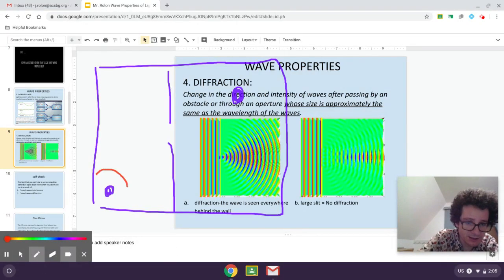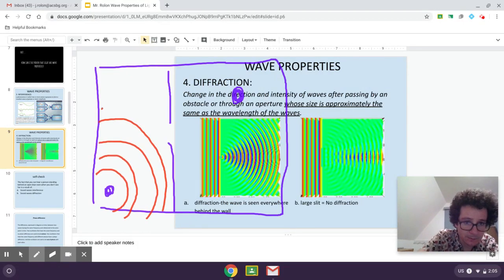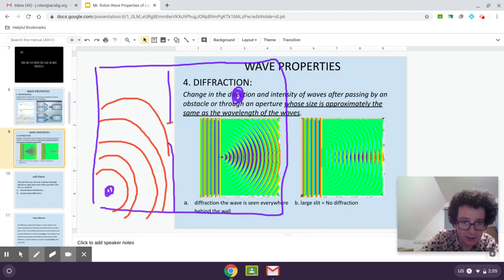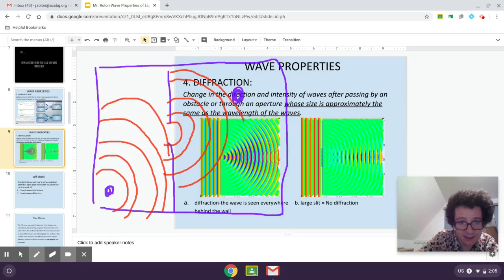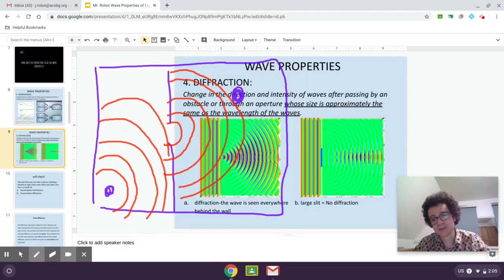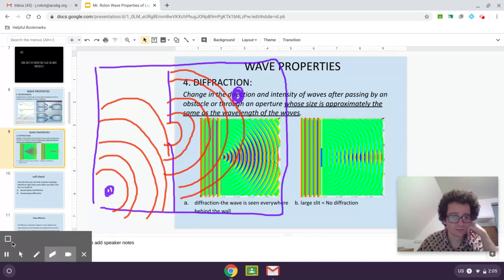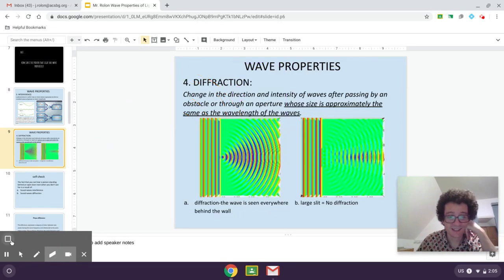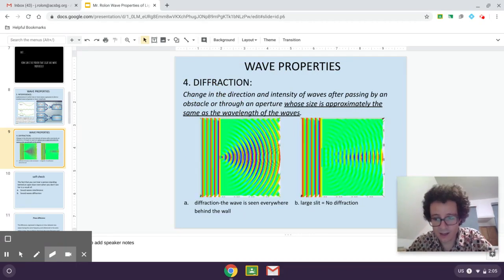So the sound is gonna travel like this, and at this point it's gonna form again this kind of wave, but of course with less intensity, and that's how the music will reach your ears. So that's basically diffraction. It's these waves passing through a small aperture.